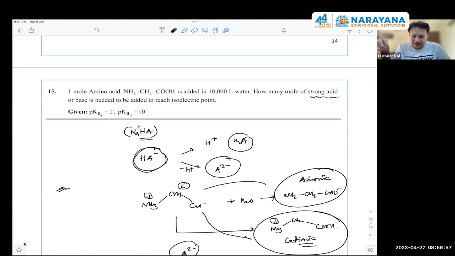You very quickly get the answer. But this one question is going to make you think what really is the isoelectric point by definition.